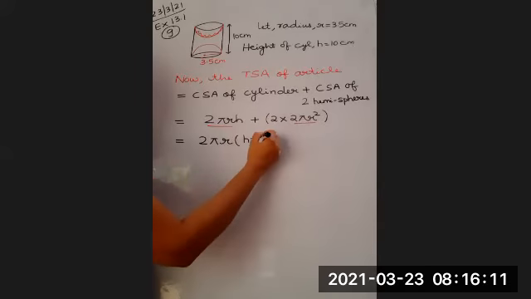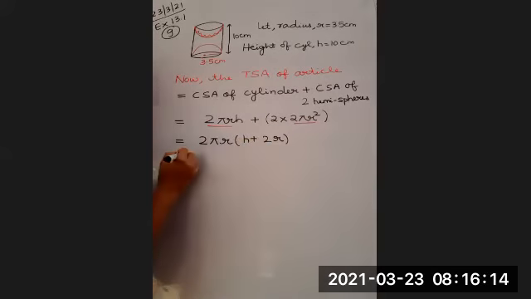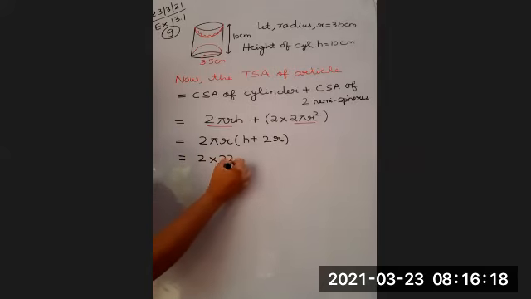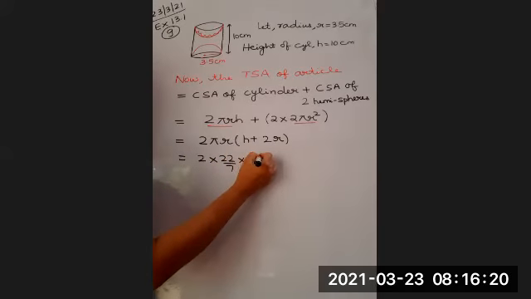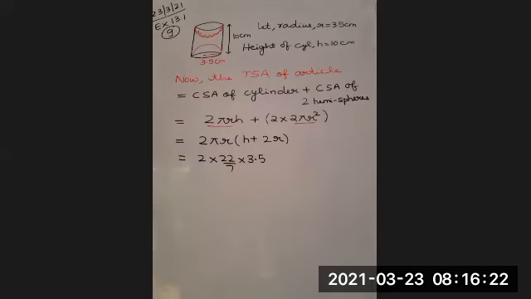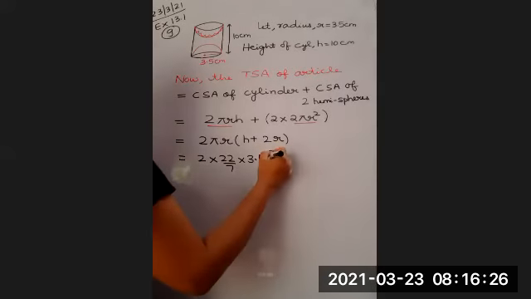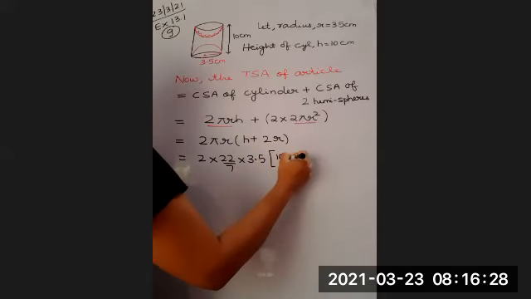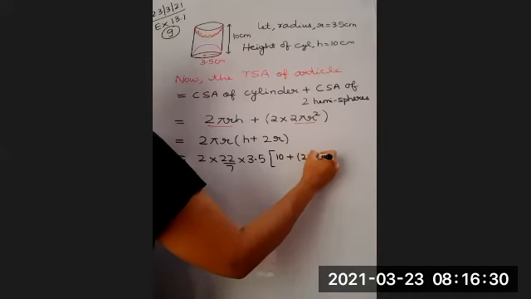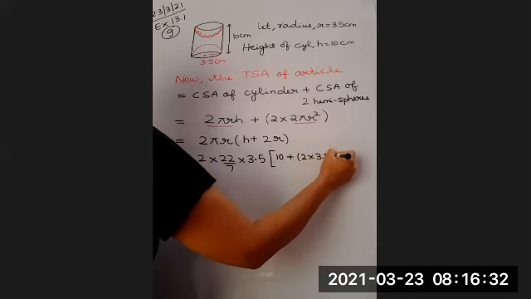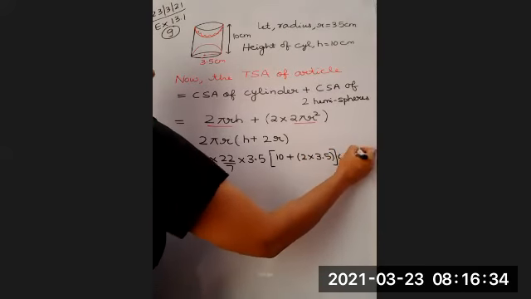This 2r will be there. Let us put the values. 2 into 22 by 7 into 3.5, then 10 plus 2 into 3.5, centimeter square.